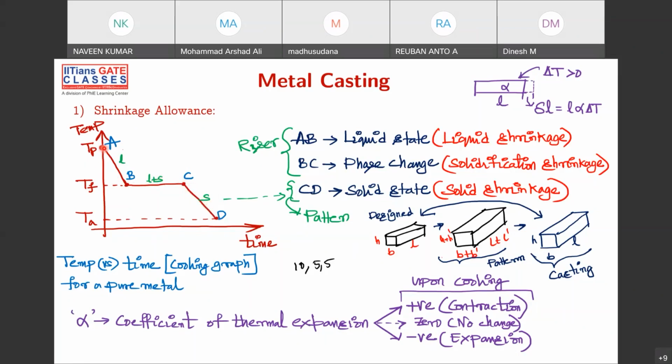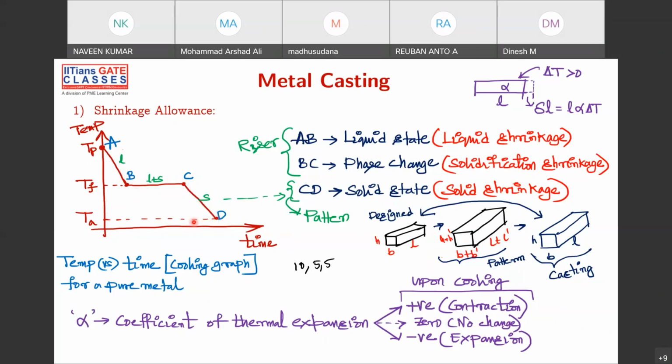Here liquid at 1700 degrees centigrade, this is liquid at some 1000 degrees centigrade, this is solid at 1000 degrees centigrade, and this is solid at some 45 degrees centigrade. So it comes down, has a phase change, and then comes down again.